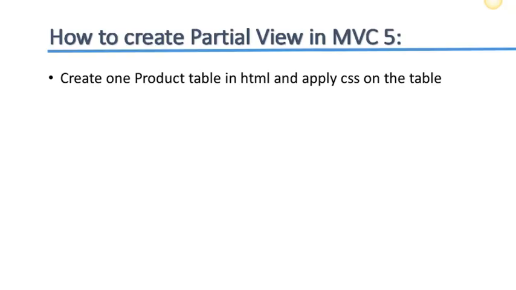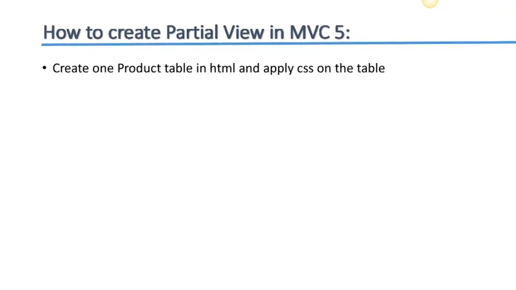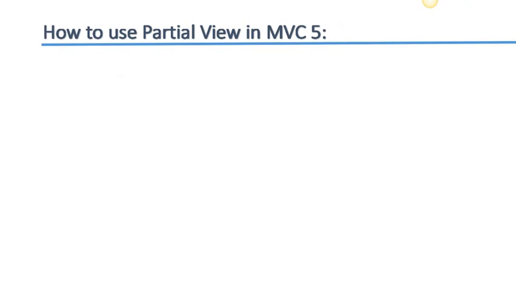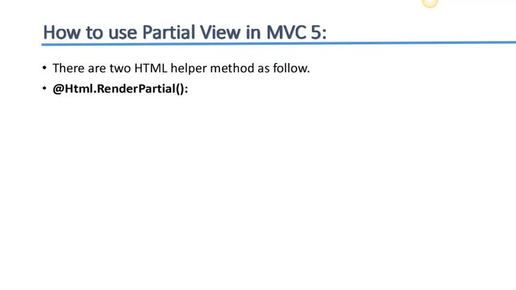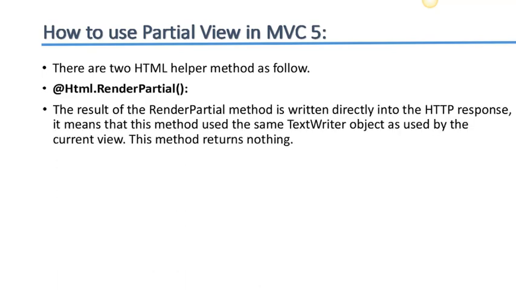So next we are going to understand how to use partial view in ASP.NET MVC. There are two HTML helper methods to use the partial view. The first one is @Html.RenderPartial. The result of the RenderPartial method is returned directly into the HTTP response.